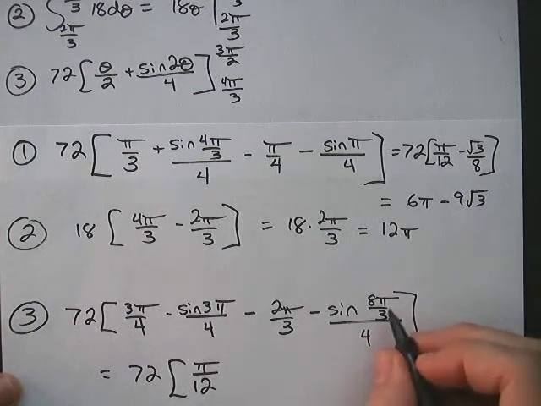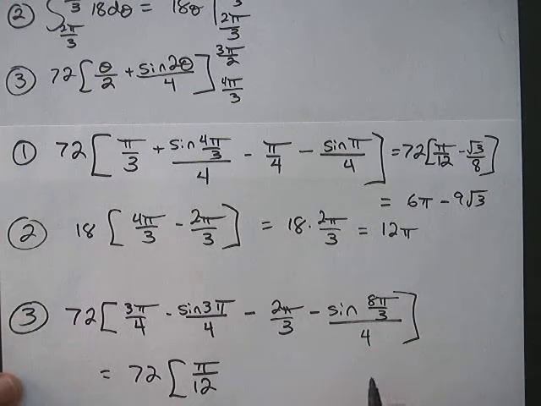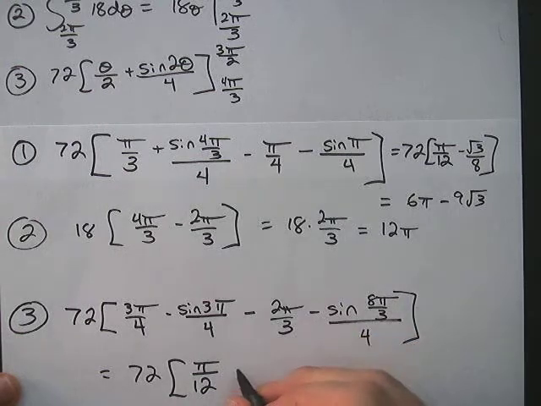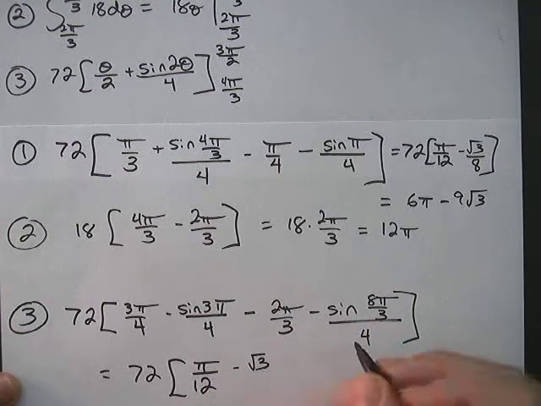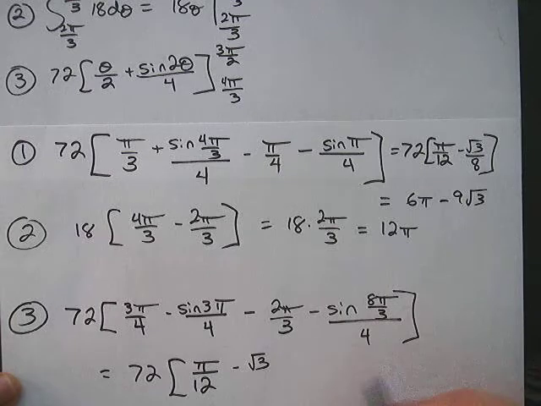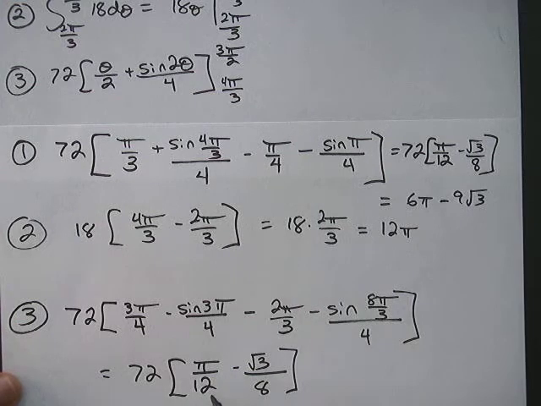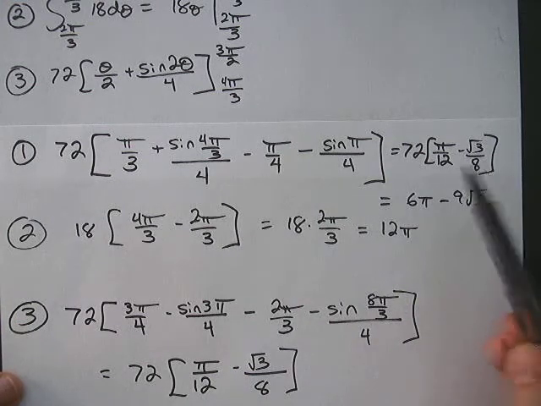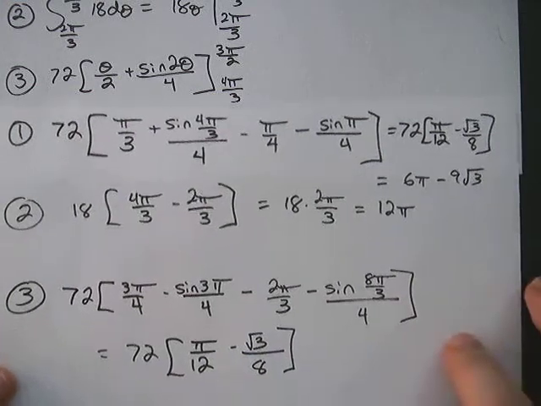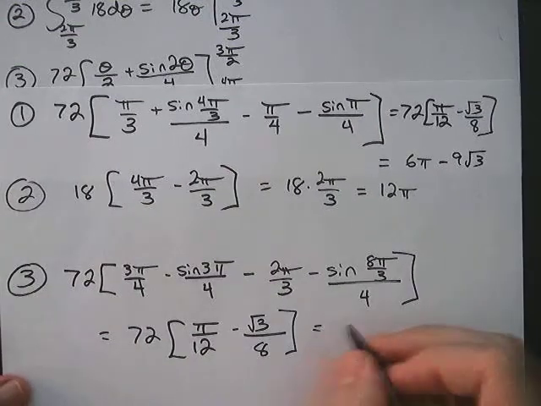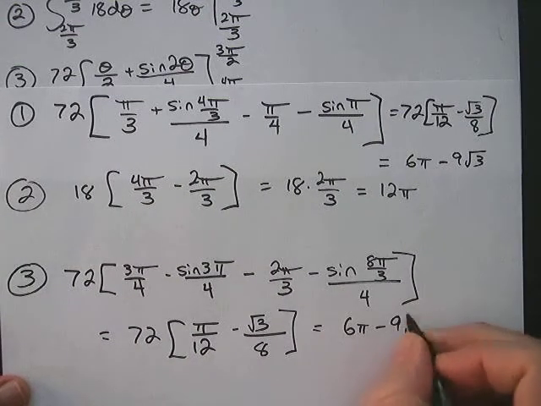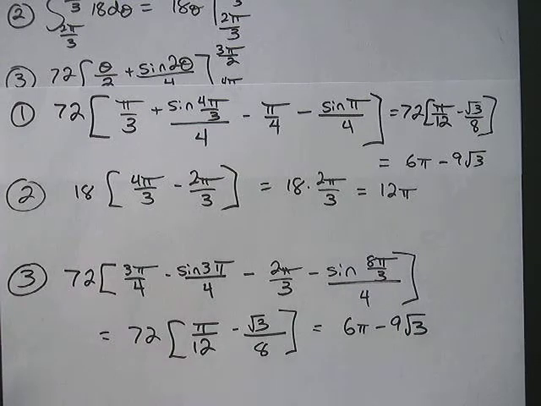Remember, this is the same thing as 2 pi over 3. So remember the negative, so negative root 3 over 2, but it's also over 4, so over 8. Okay, so it's actually going to give you the exact same answer as the first one did. So likewise, it's going to reduce to 6 pi minus 9 roots of 3.